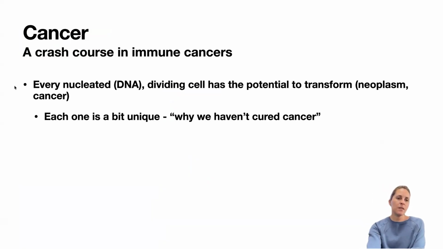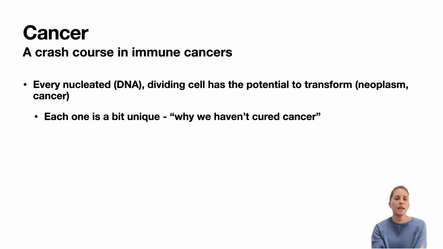An important thing that people probably realize but don't think about is that every single nucleated cell that contains DNA that is dividing has the potential to transform, meaning it can become cancer. So that's our skin cells, that's our blood cells, that's our different stem cells that are in our brains.